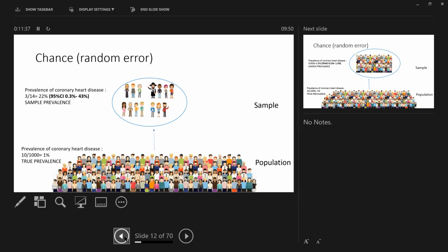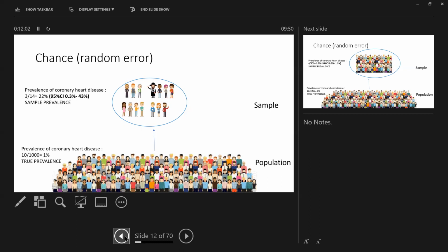So that means that if I take each time 14 people out of my population, I can get 0.3%, I can get 43%. It's the variability. Correct. It's a measure of the precision.